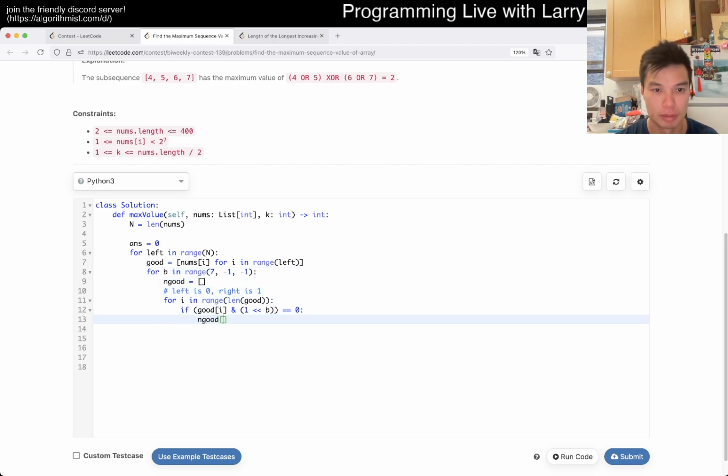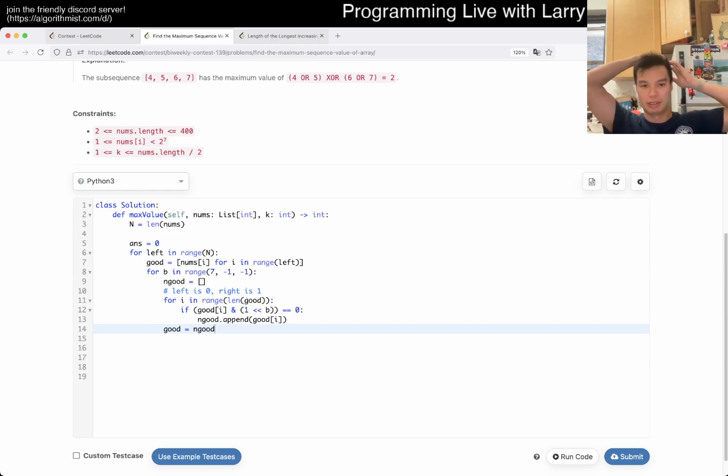There's 0, then okay, fine. The right we can keep everything because right is 1. But then there's all these combinations that we have to do.